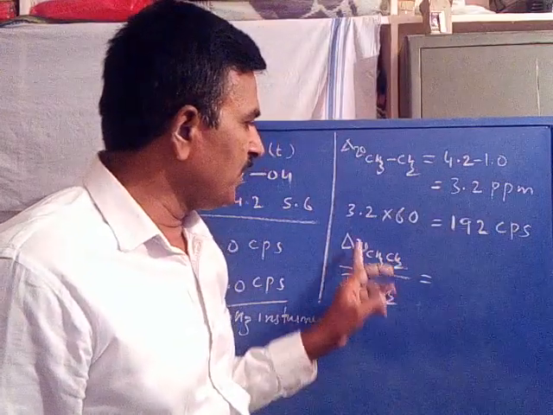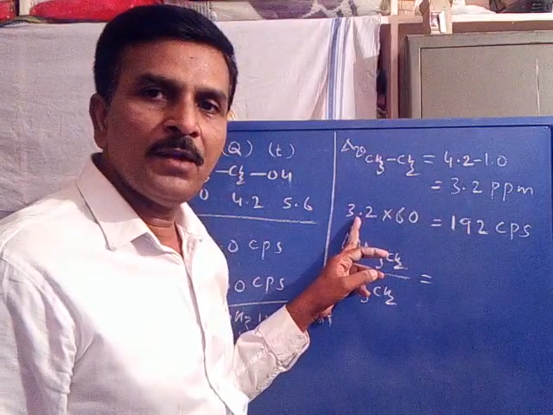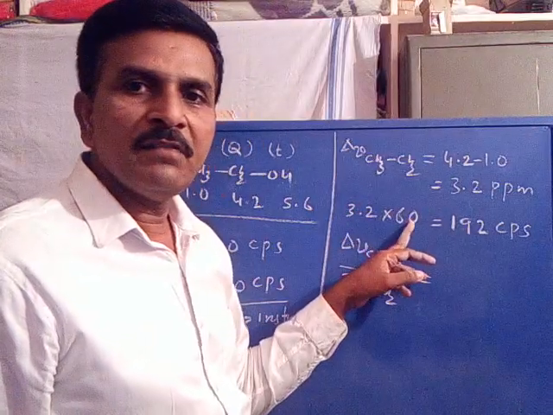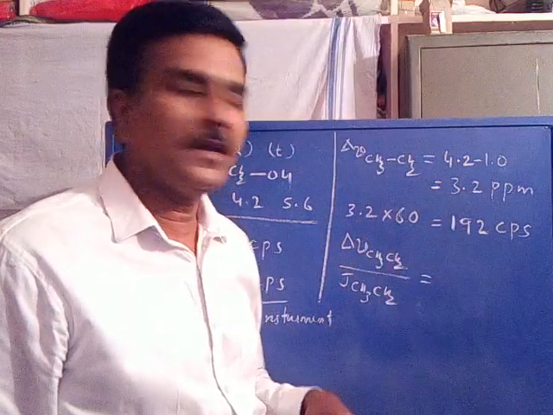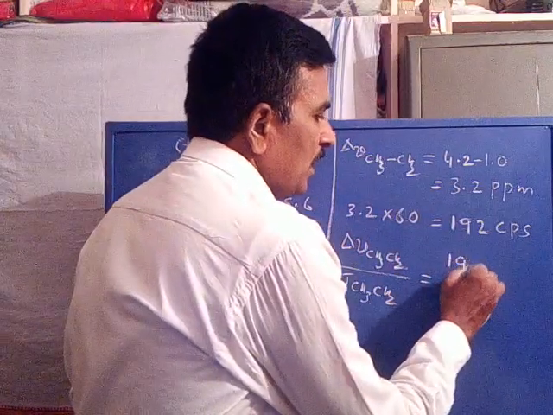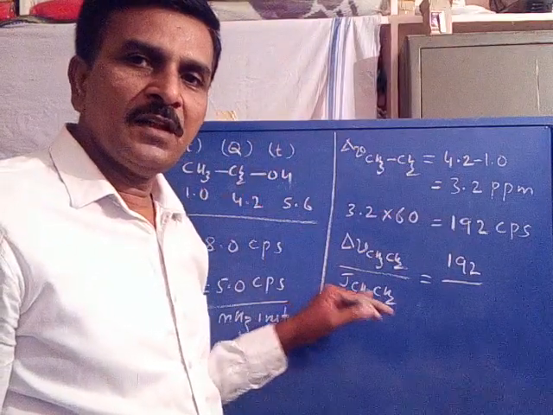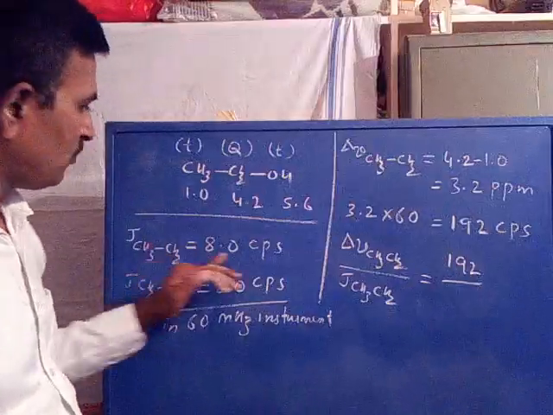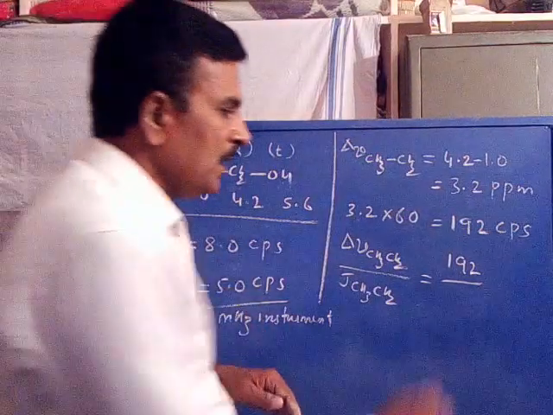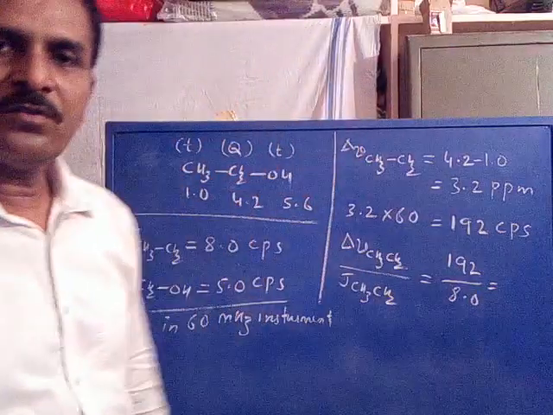What is the frequency difference? 3.2 ppm multiplied by the 60 instrument frequency gives 192, so the difference is 192 CPS. 192 divided by the J value for CH3CH2, which here is given as 8.0 CPS.